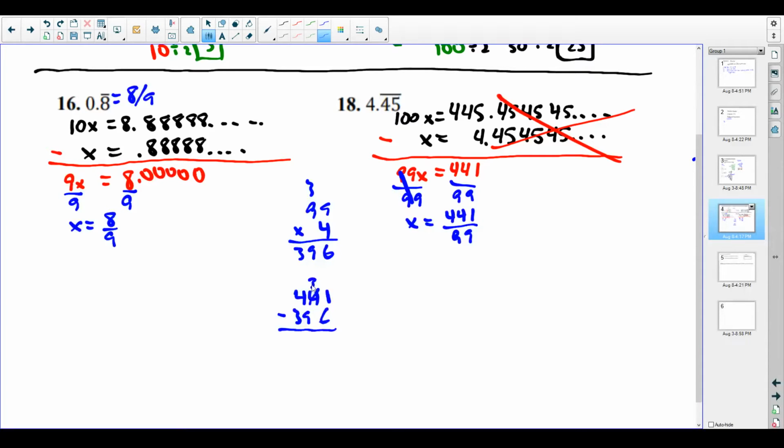So we borrow here. 11 minus 6 is 5. 43 minus 39 is 4. So we end up with 4 as the whole number and 45 99ths.